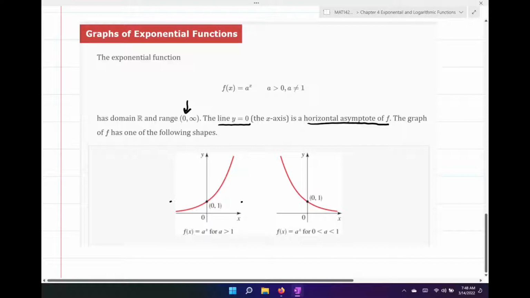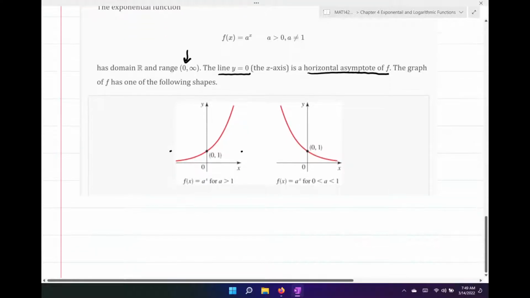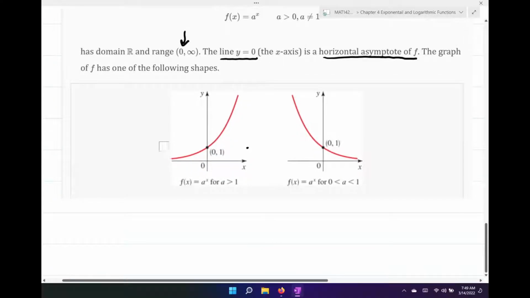The graph of f has one of the following shapes. Now, if a is greater than 1, so f of x equals 2 to the x, f of x equals 3 to the x, f of x equals 15 to the x, whatever, it's going to have exponential growth.